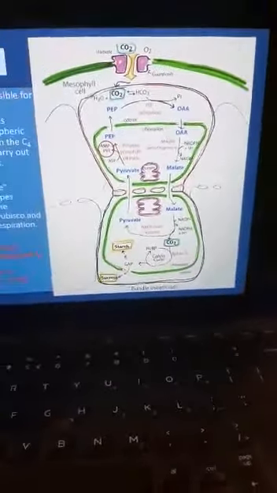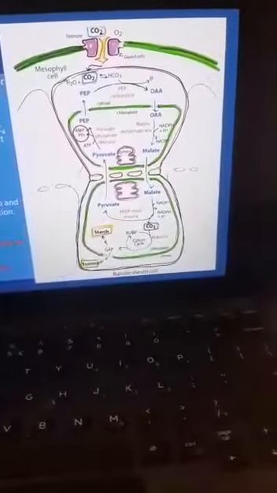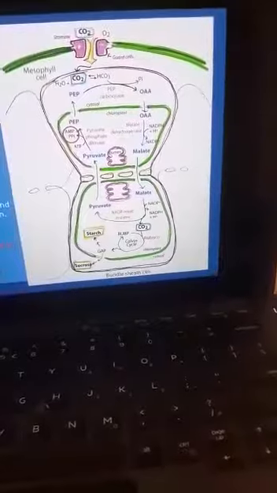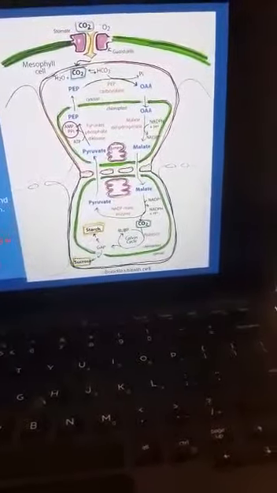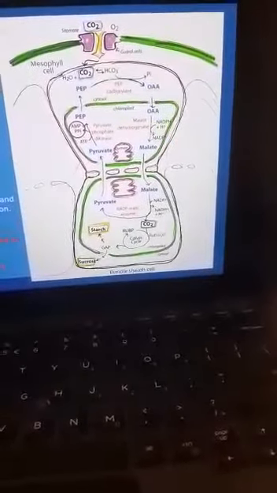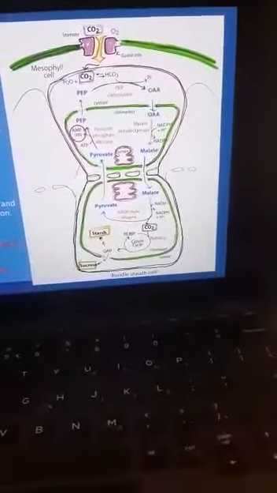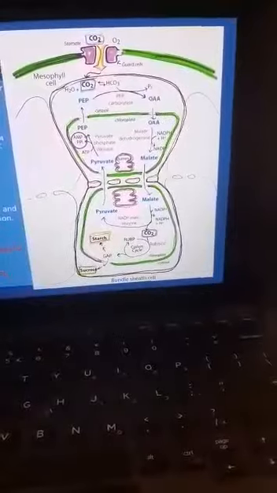Now, this is how these plants minimize photorespiration. Carbon dioxide comes into the leaf, and within the mesophyll cells, that carbon dioxide is converted into bicarbonate. The bicarbonate has a negative charge.